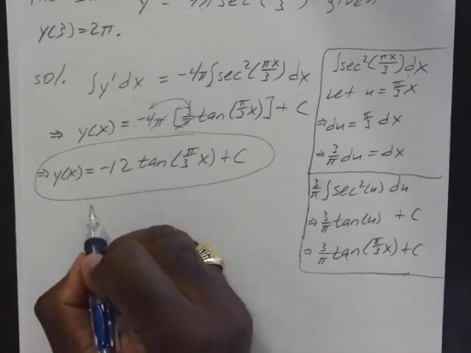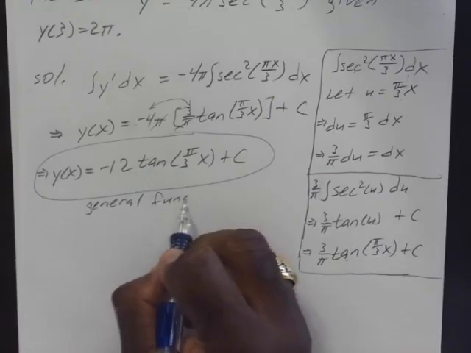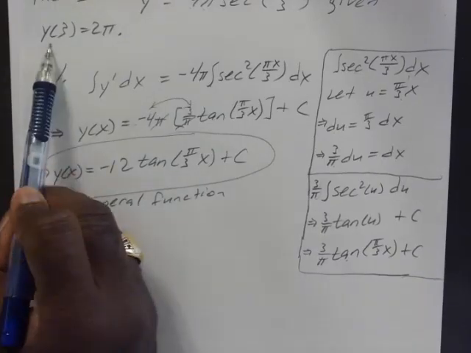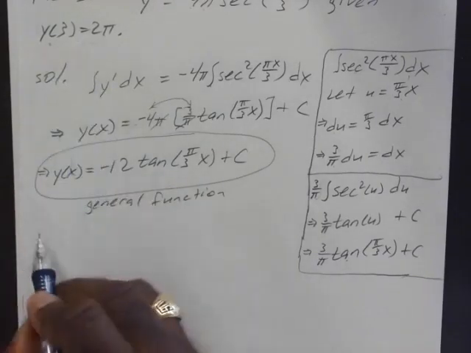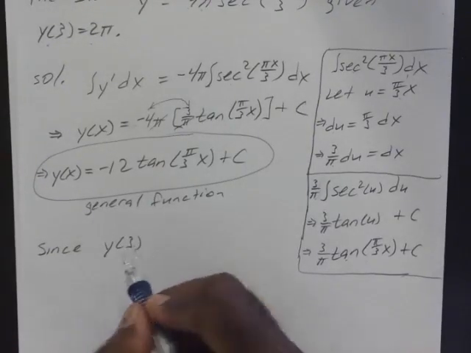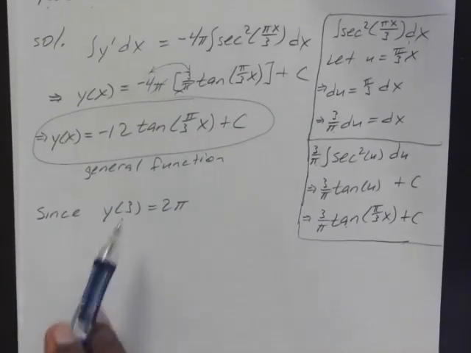Okay, so again, this is our general function, and it's given that y of 3 is equal to 2 pi. Since we know that y of 3 is equal to 2 pi, we just plug 3 into our general function.